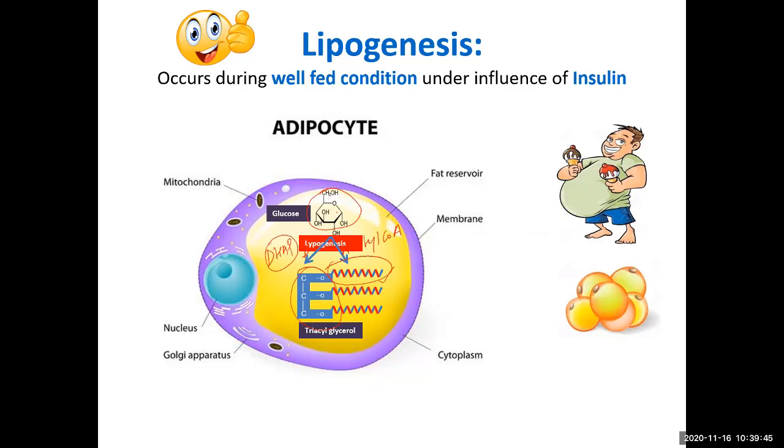Because of overeating, this fatty acid will be deposited. Overeating will cause high insulinemia in the body. Because of that, triglyceride is deposited in adipose tissue and people become fat. This is the cause of obesity; overeating is one of the causes. There are genetic conditions also.